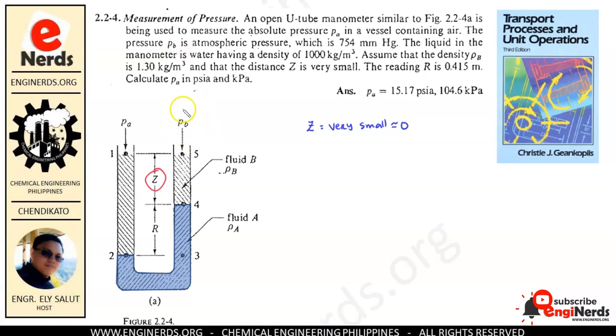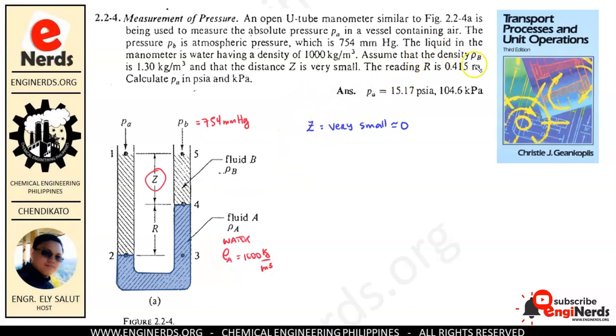Our pressure B is equal to 754 mm mercury. Now, the liquid in the manometer is water, having a density of 1000 kg per cubic meter. So, our fluid A here is water, and the density A is equal to 1000 kg per cubic meter.